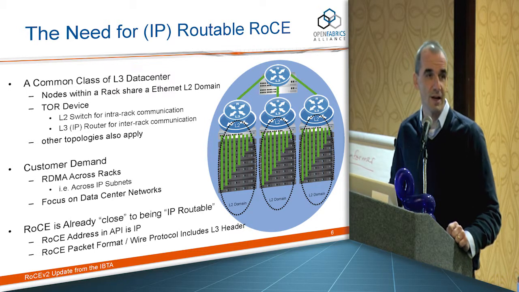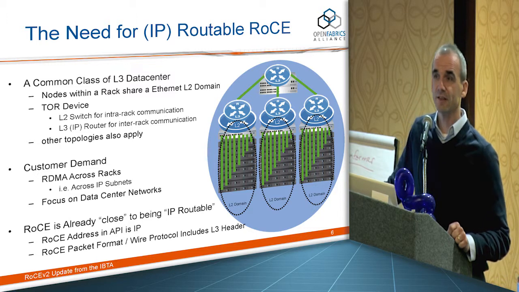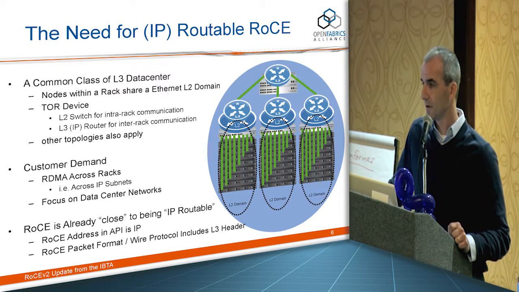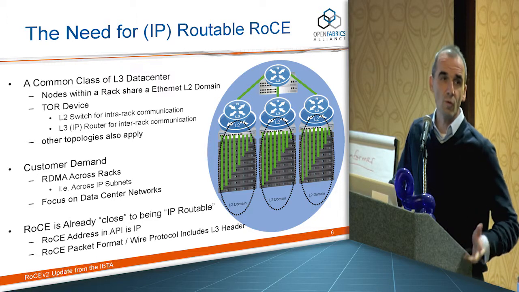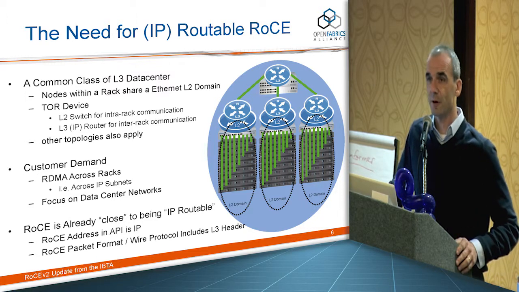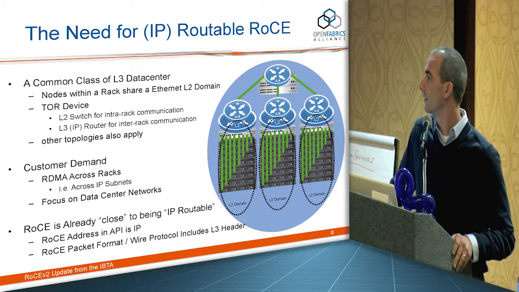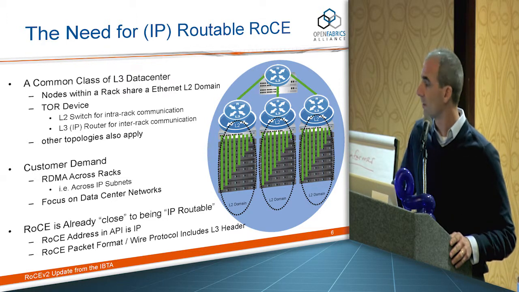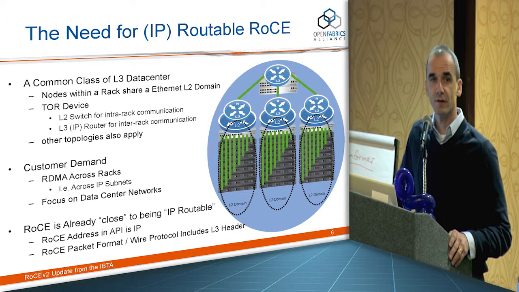There's a very common class of data centers where people continue to make massive use of layer 3 IP technology. In this drawing, I'm showing one example that seems to be very popular, but our work is in no way limited to this. In this case, we have a bunch of racks.